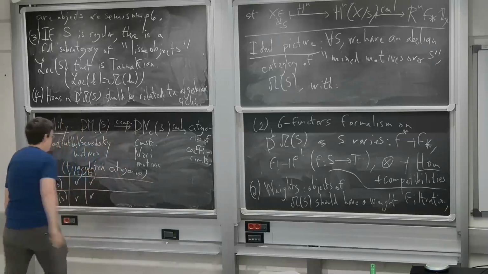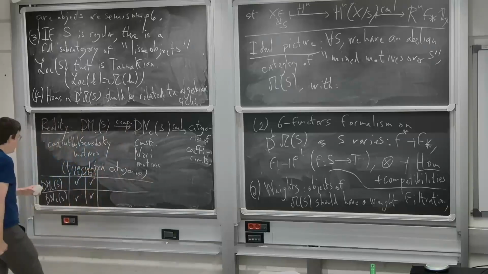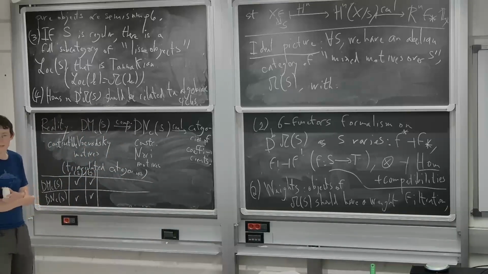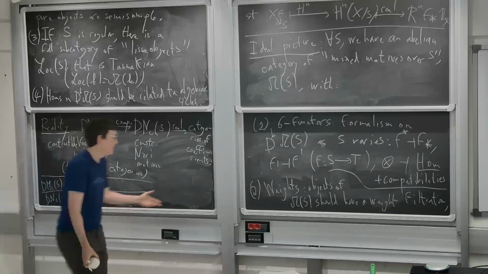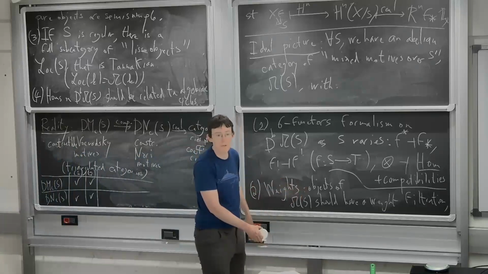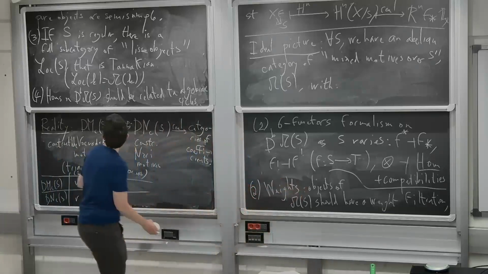There is an elephant in the room that I will get to at the end: I wrote triangulated categories and didn't write derived category. For weights, it should be expressed as there being a Bondarko weight structure on this category.